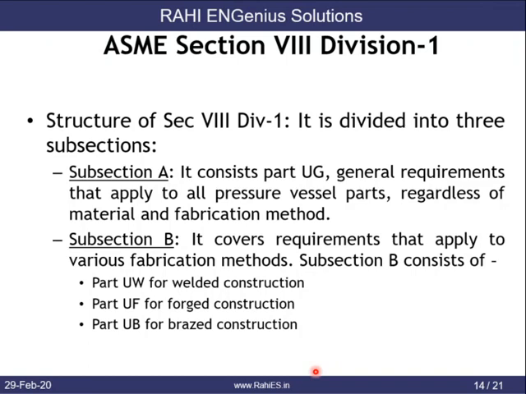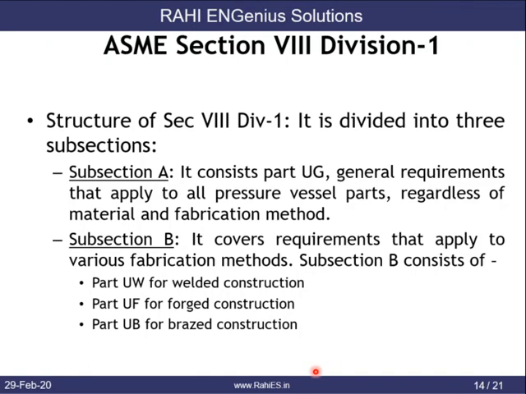Structure of Division 1. So Division 1 is divided into three subsections, A, B and C. Subsection A consists of Part UG, which is general requirements that apply to all pressure vessel parts regardless of the material and fabrication methods. Subsection B covers the requirements for various fabrication methods.